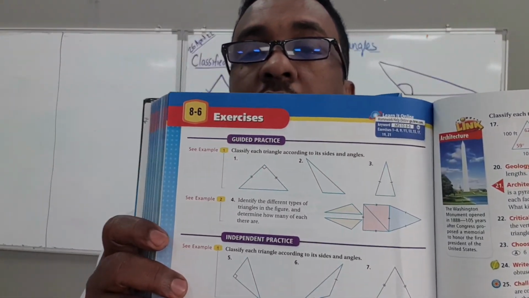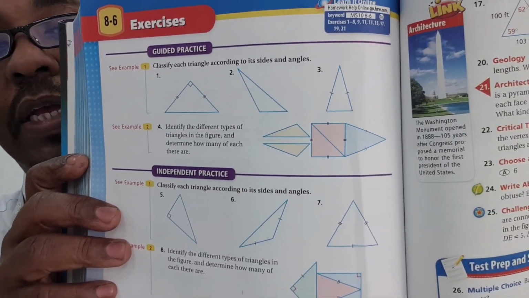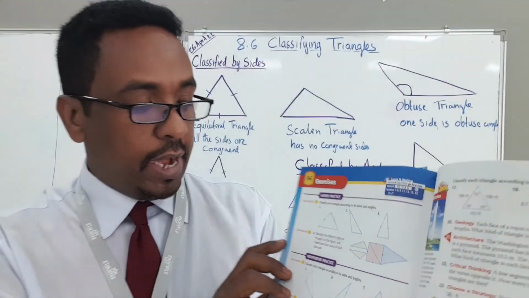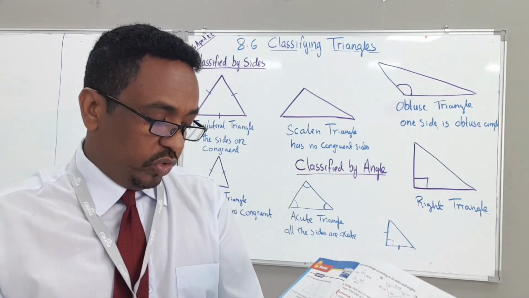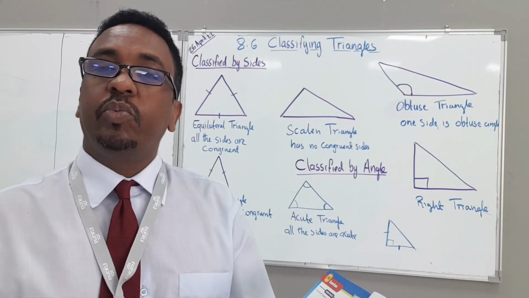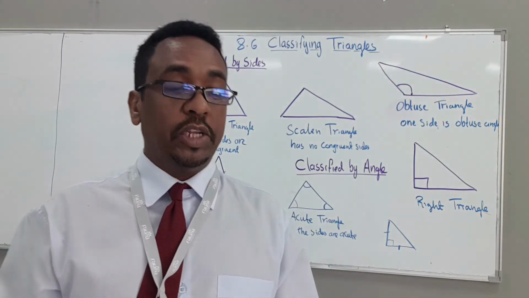We are working on it. If you don't have the book, you can freeze this and work from this. Then you can work out those names and classify just by using this guidance. This will help you really a lot. Okay? So well done. Thank you very much.